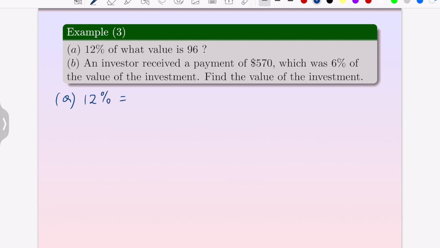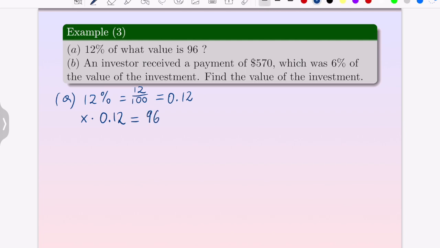So 12% to decimal is 12 out of 100. If we divide on the calculator, we should get 0.12. So now we have my original amount, I don't know it, this is my x, times 0.12, and my final amount is 96.